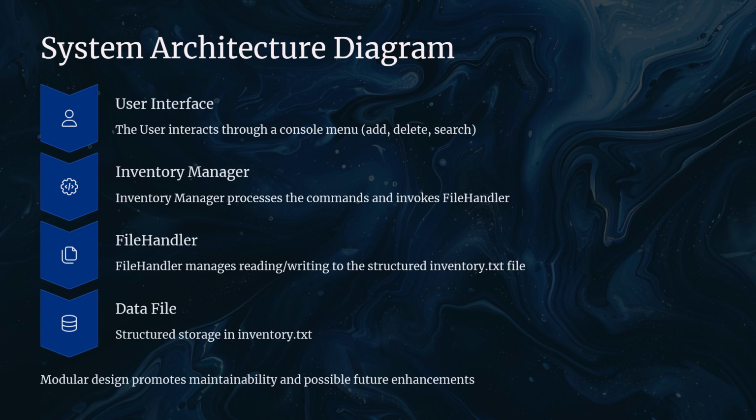The file handler manages reading and writing to the structured data file, inventory.txt, which is the structured storage for the inventory. This is a modular design promoting maintainability and possible future enhancements.